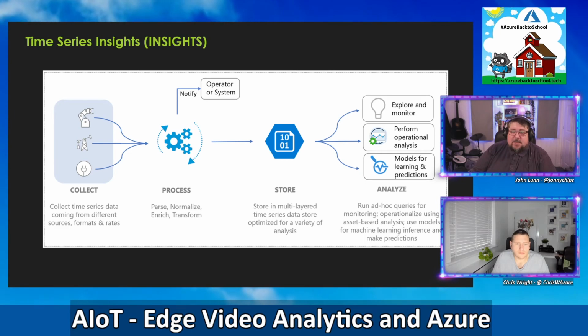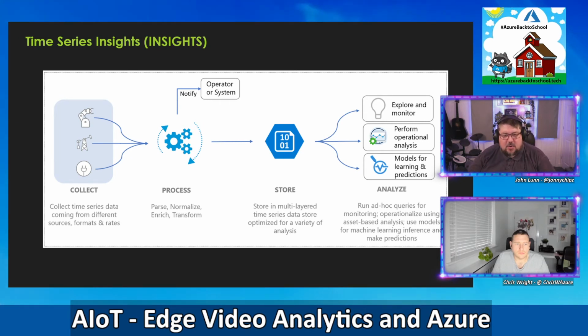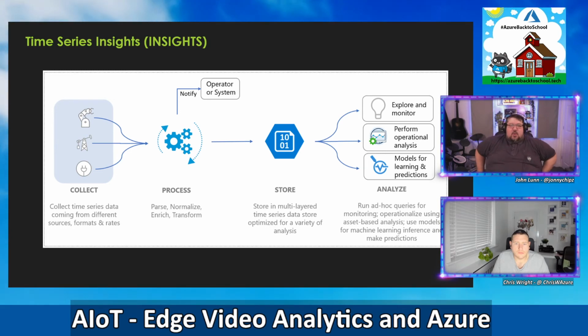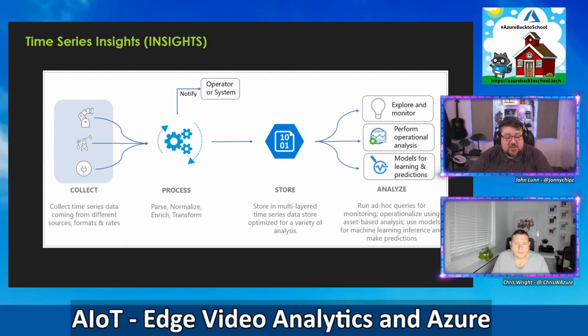I could flick over and look at the Time Series Insights for the object detection piece we just talked through, but let's face it, it's not going to be very visual because there's not a lot of data really.